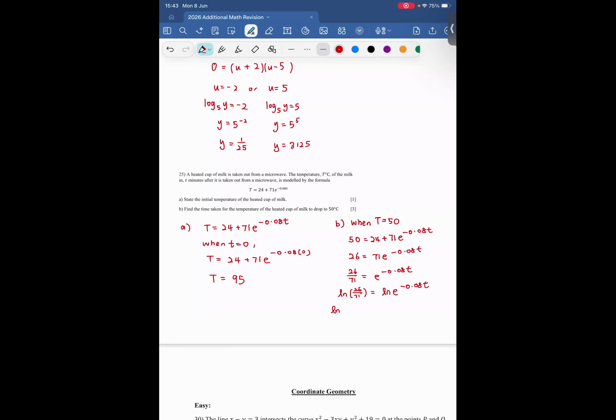Then after that, you can bring the negative 0.08t down. Ln e is just 1, so it becomes this one times 1. So t is just equal to ln 26 over 71 divided by negative 0.08. Okay, so that's how you solve an exponential equation as well.